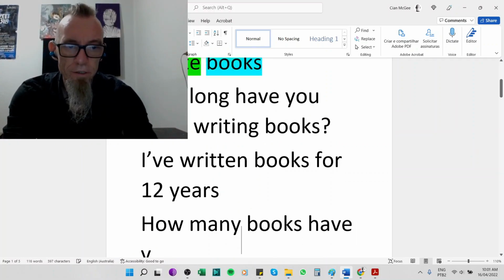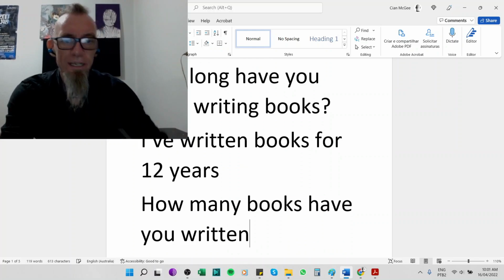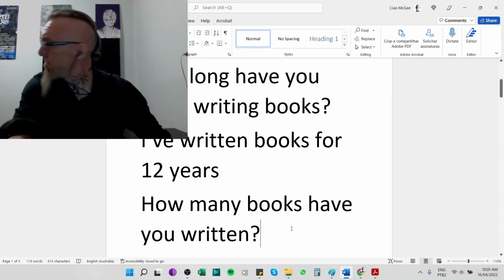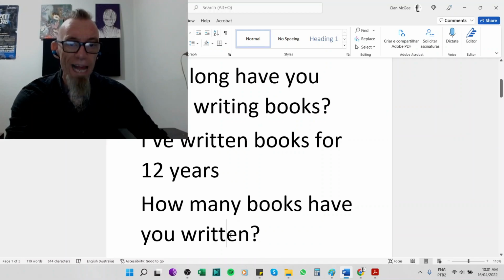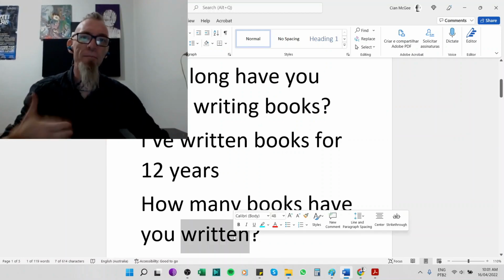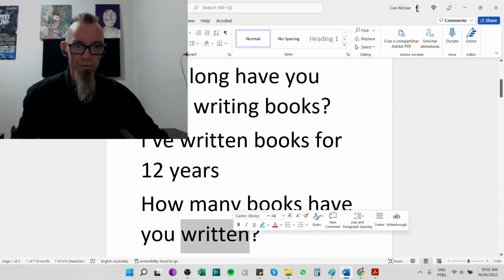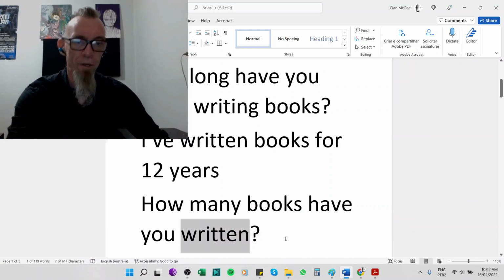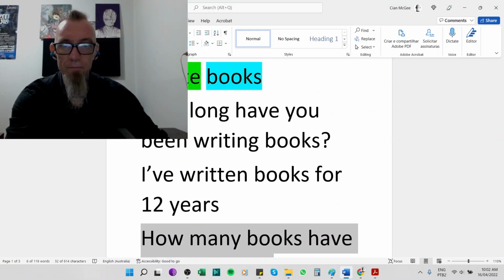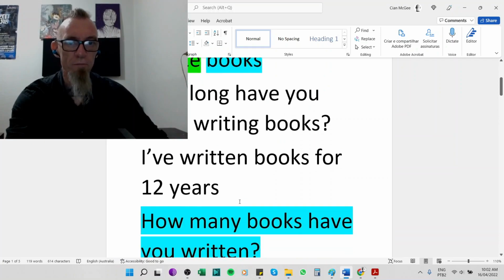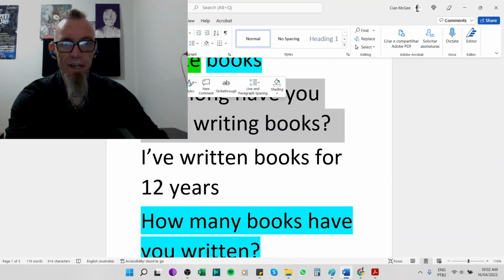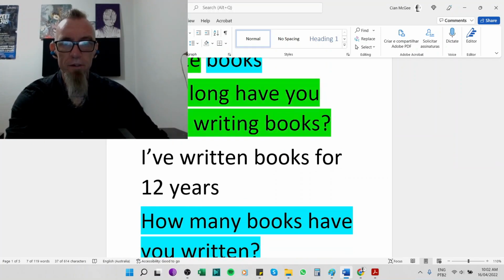How many books have you written? Now here, because I'm measuring a quantity, it always has to be written. It can't be how many books have you been writing. No, it has to be how many books have you written. So that becomes how I measure my object. This is how I measure my verb.